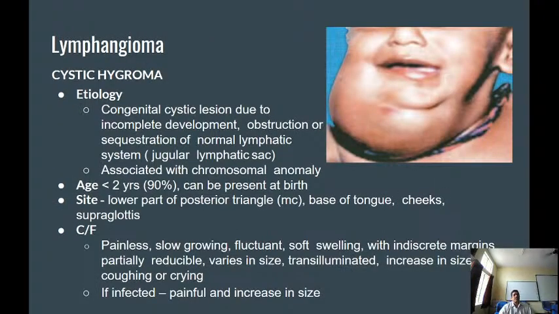Then the lymphangiomas. These are congenital cystic lesions, which are because of the abnormal or incomplete development of the lymphatic system.